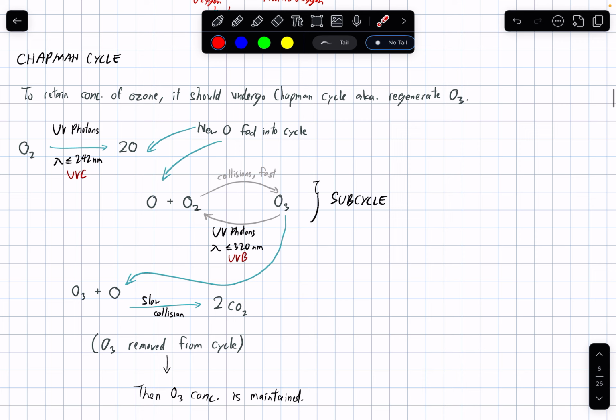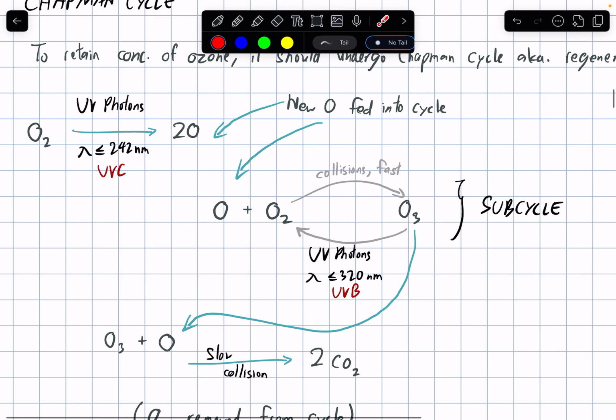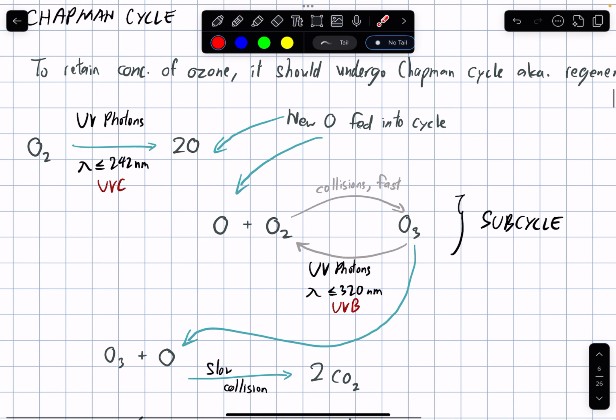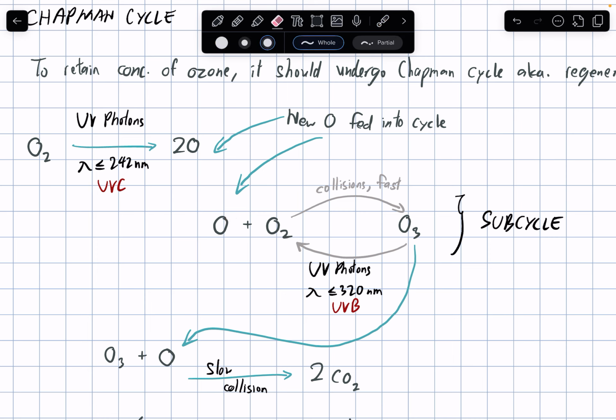Okay, Chapman cycle. In order to retain the concentration of ozone, it should undergo the Chapman cycle, or in other words, the regeneration of ozone. So this is how it works. So from oxygen, when it is exposed to UV photons, like I said earlier, it becomes two atomic oxygens, and new oxygen is fed into the cycle. So we have atomic oxygen and the oxygen molecule.